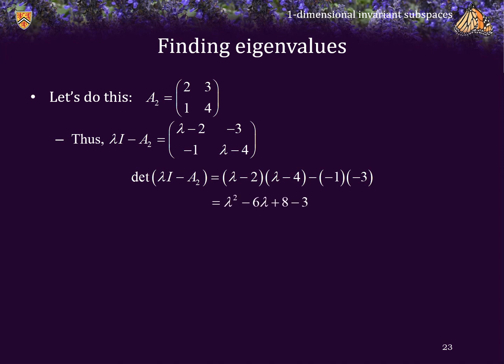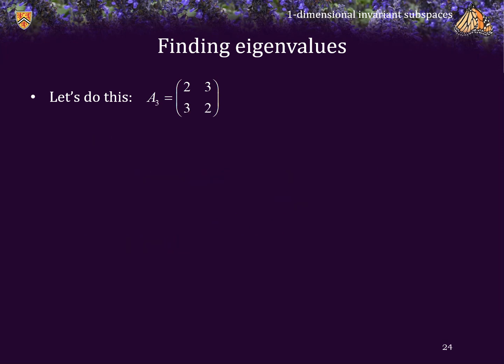Expanding this, we have lambda squared minus 6 lambda plus 8 minus 3, and that simplifies to lambda squared minus 6 lambda plus 5, and therefore the two eigenvalues of this second matrix are lambda 1 equals 1 and lambda 2 is equal to 5. Of course, what that says is that this matrix also is invertible.